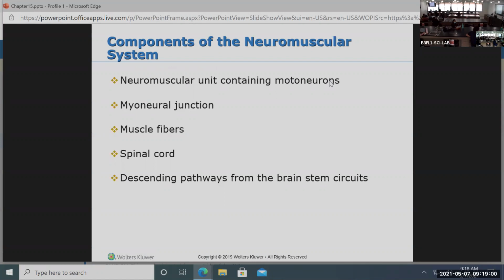The neuromuscular system consists of the neuromuscular unit containing the motor neuron, number one, the myoneural junction, the muscle fibers, the spinal cord, and the descending pathways from the brainstem circuit. Those are the parts of my neuromuscular system. Please know what we have for the neuromuscular junction.